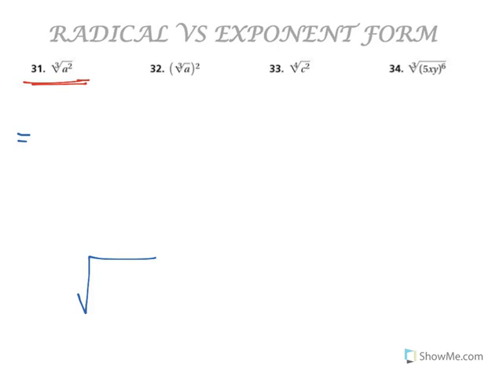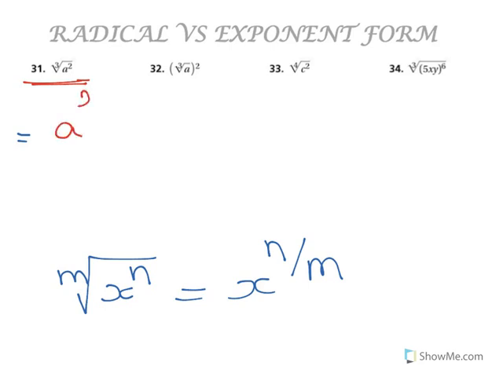It says if you have x to the power n to the index m, you can write it as x to the power n over m. So let's do this. So cubic root of a squared will be a to the power 2 over 3, because n in this case is 2 and m, the index, is 3, so it's a to the power 2 over 3. And this is the simplest form in the exponent form.